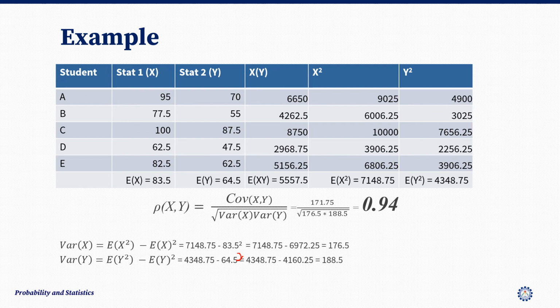Then we get 0.94. That means 0.94 is near 1, so we have a positive correlation.